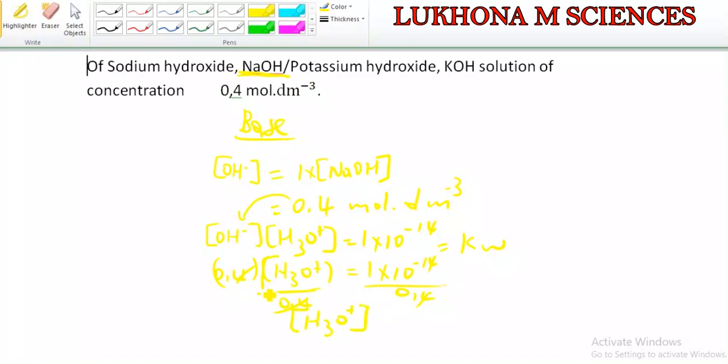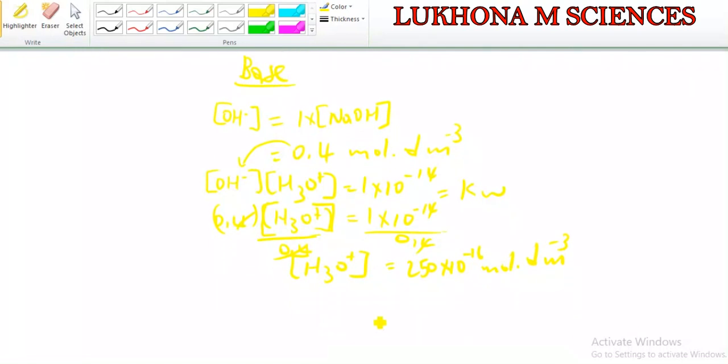The square brackets are concentration here. So let's press the calculator and see the answer, which is 250 times 10 to the power negative 16 mole per dm cube.